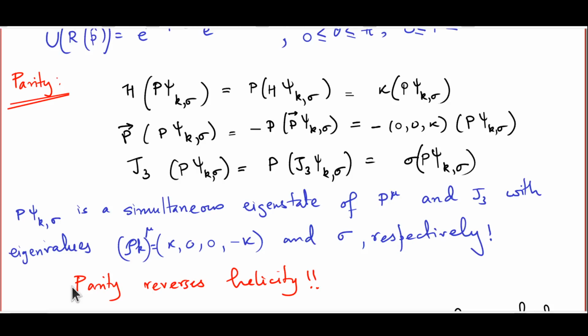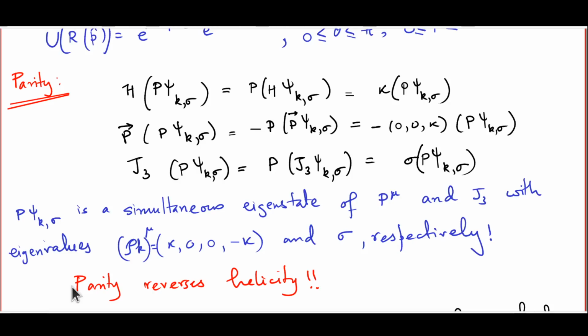Now this is very, very important because what we had already seen for massless particles earlier is that when you go from one inertial frame to another, the spin or sigma 3 eigenvalue, helicity, for a massless particle does not change. However, as we have just seen, parity reverses the helicity of the state describing a particle.